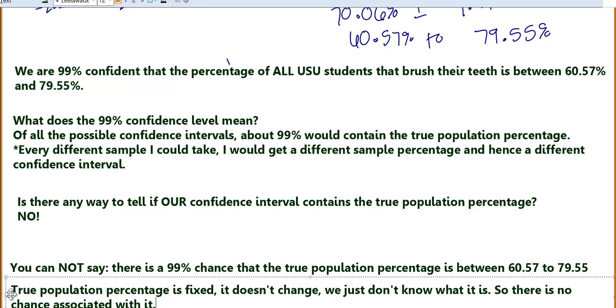Now that might seem like a very nitpicky, small point, okay? But it is an important one to statisticians. Okay? It's also important that when you go out into the real world and you're interpreting things and giving real world reports, that you're not making some of these common misconceptions, because they do change things quite a bit.